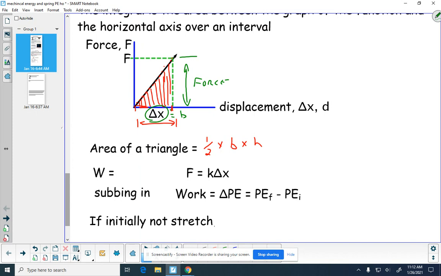So I'm exerting a force F to stretch my spring a delta x, or distance.